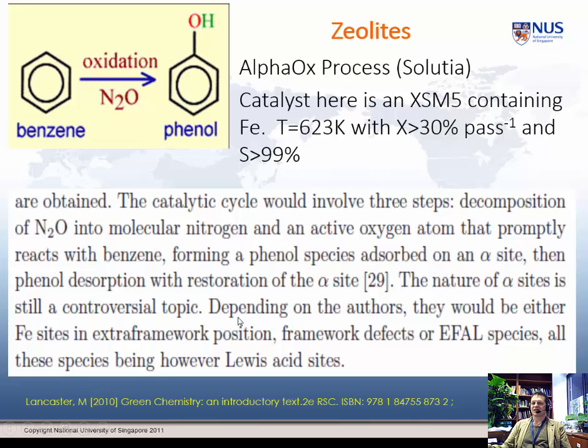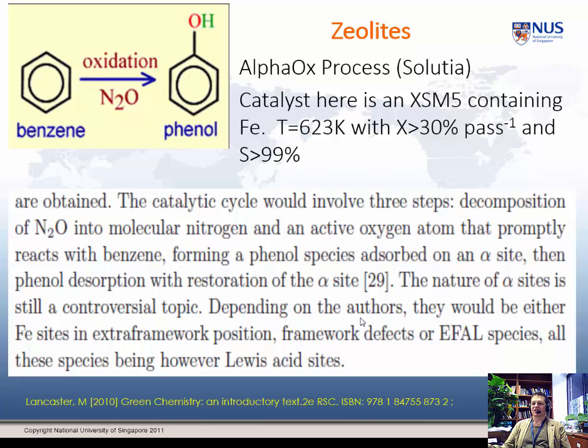And I'll let you read this. Effectively, N2O dissociates on the catalyst, and the active oxygen atom reacts with benzene, which leads to your phenol species. It's a very neat little process. The only question is we still don't really know which site, which is the alpha site in one sense.